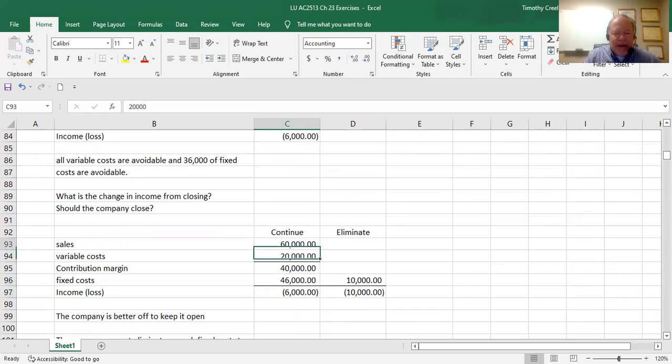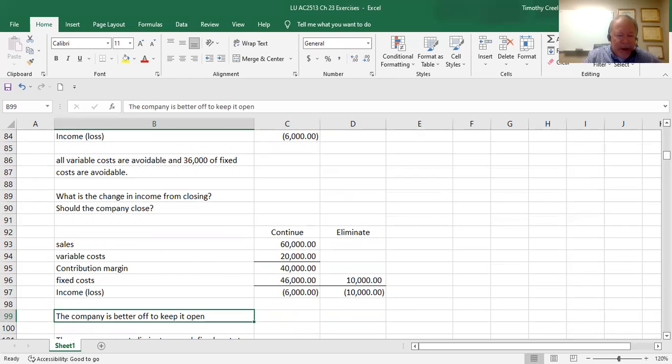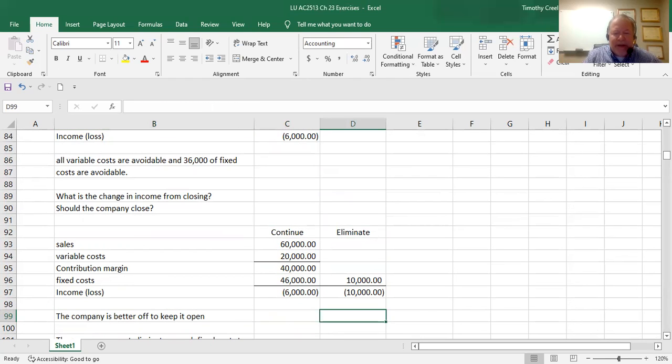But notice that if they eliminate it, they only eliminate 36,000 of the fixed cost, so there would still be $10,000 of fixed cost out there. So they would have an overall loss of 10. In this case, they are better off to keep it open, because they will have a greater loss than if they continue it, since they can't eliminate all the fixed cost.